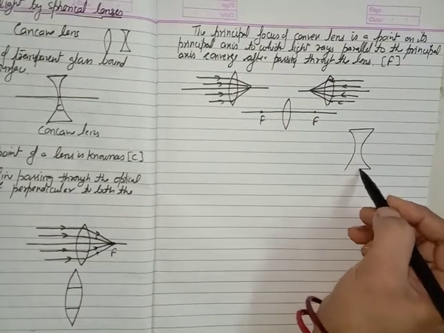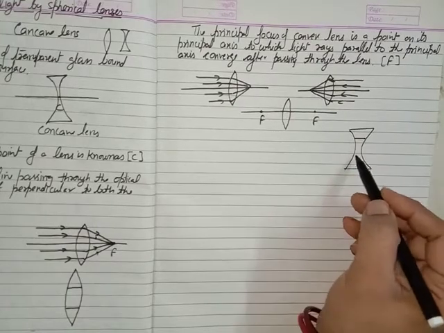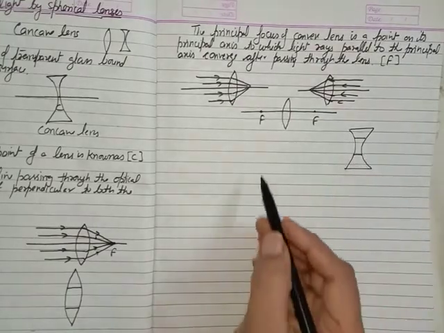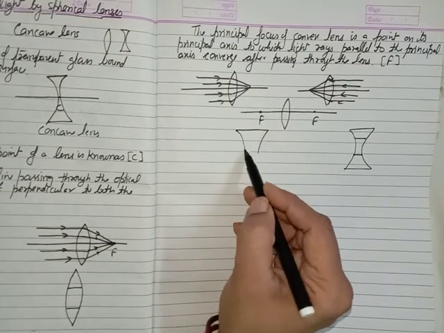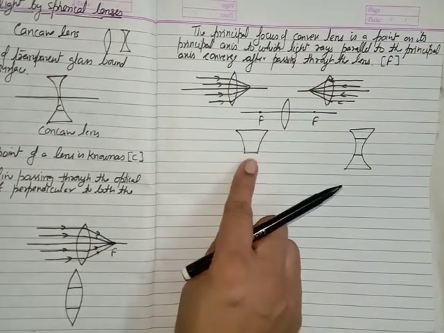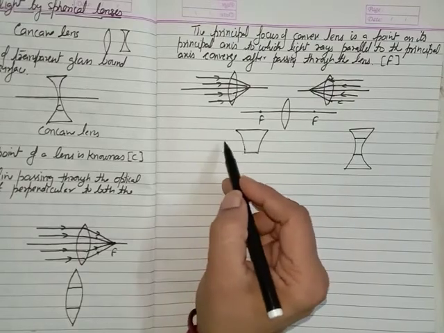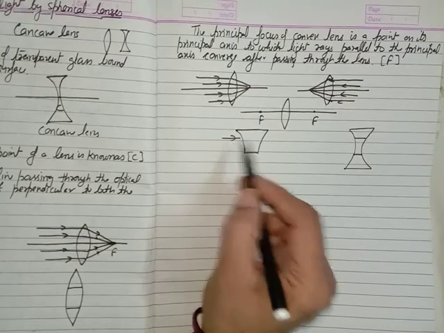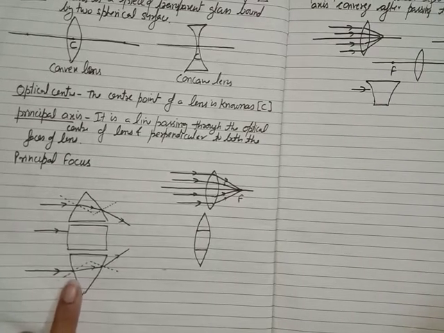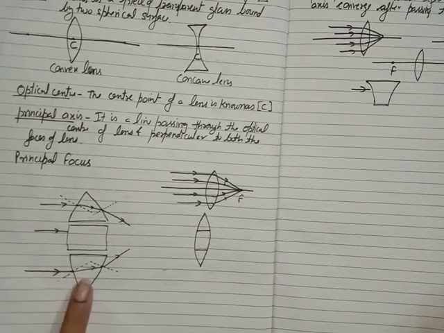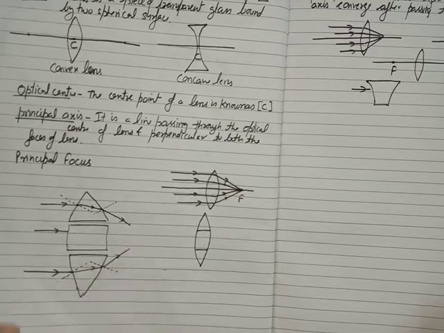This is a concave lens and we can divide it into three parts. This is the upper portion of the concave lens. It is just like an inverted prism, and we have understood in the last part that in the inverted prism, if the light is coming like this, it bends like this.